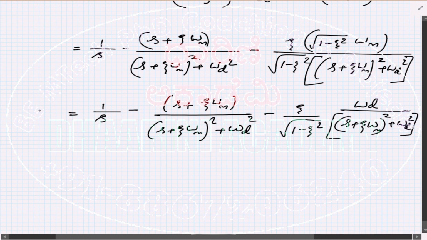So this is actually the C of s, right? So directly apply the Laplace inverse for the whole equation.